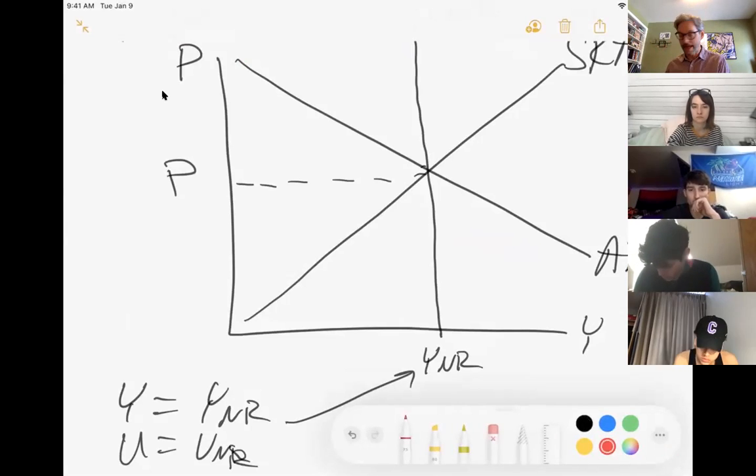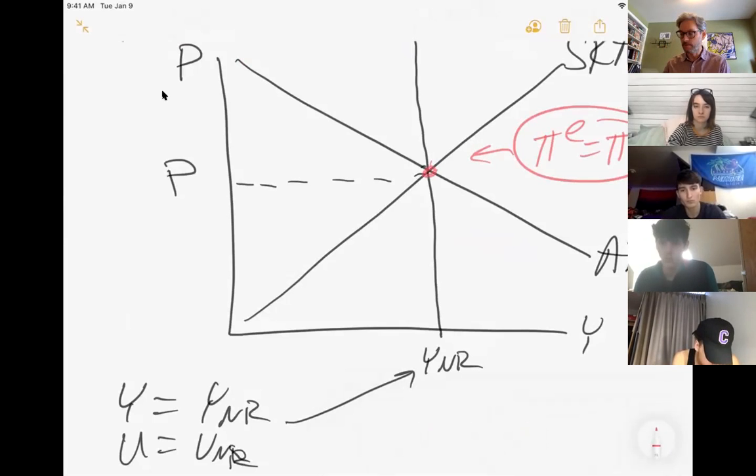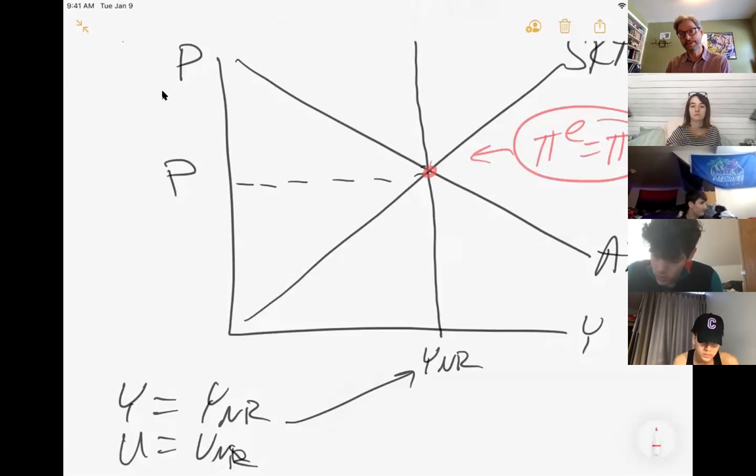There's also something else that's true in the long run here. It also has to be the case that actual inflation equals expected inflation. That also has to be true here in the long run. Because if this is not true, it can't really be the long run in the sense that people haven't figured out what the inflation rate is.